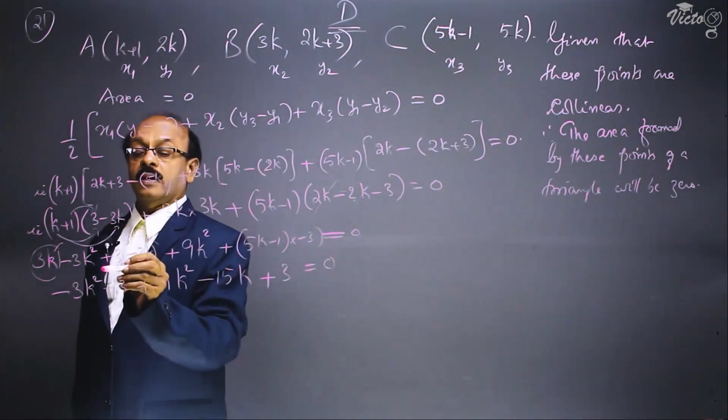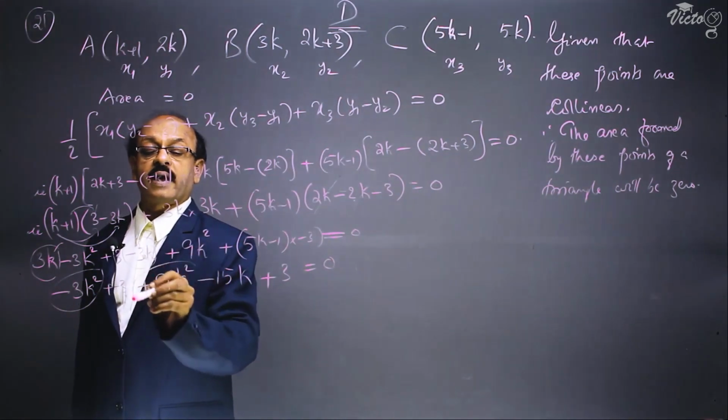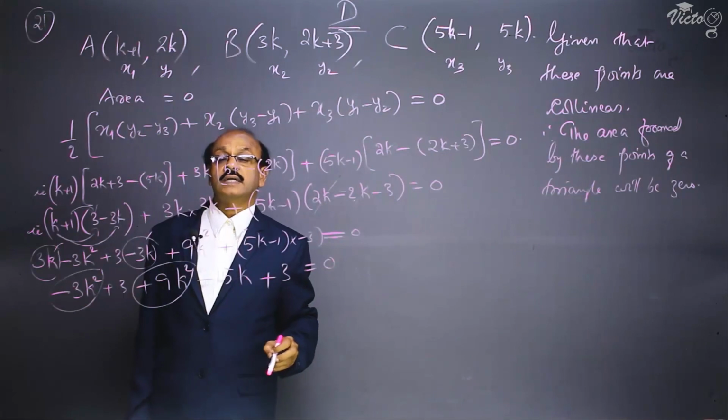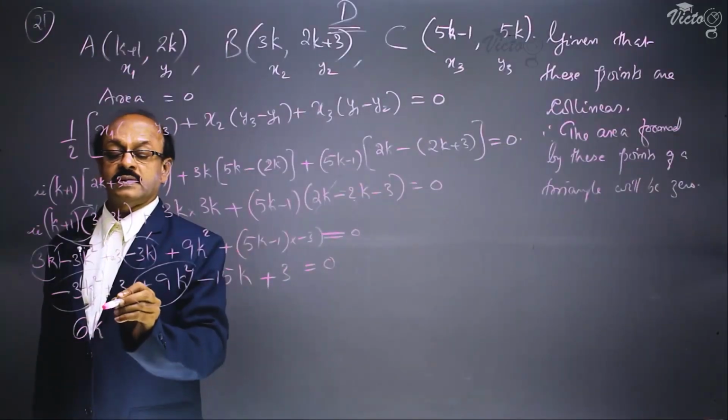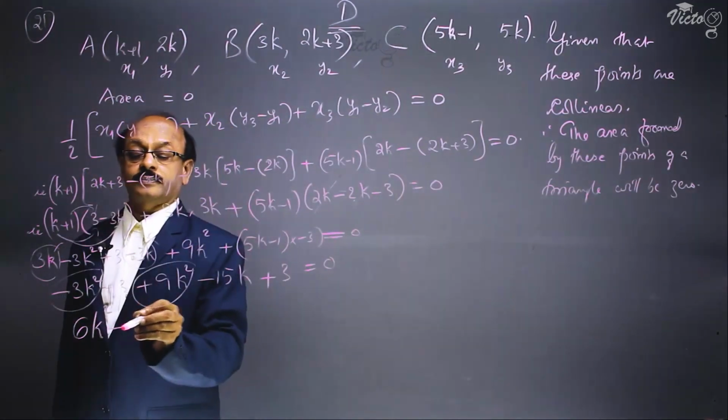Now here minus 3k square plus 9k square is 6k square, and 3 plus 3 is 6. So we get 6k square minus 15k.